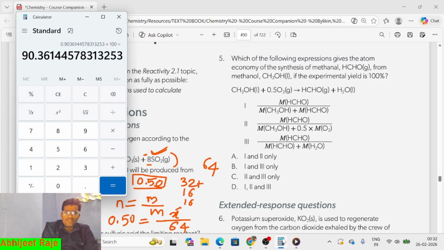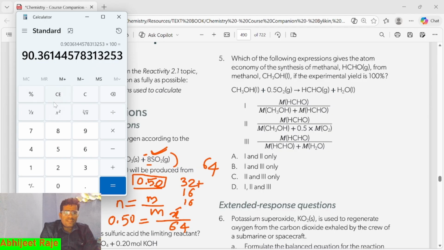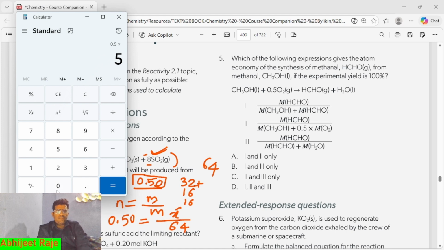We can use the calculator. 0.50 into 64, the answer we get is 32, right?